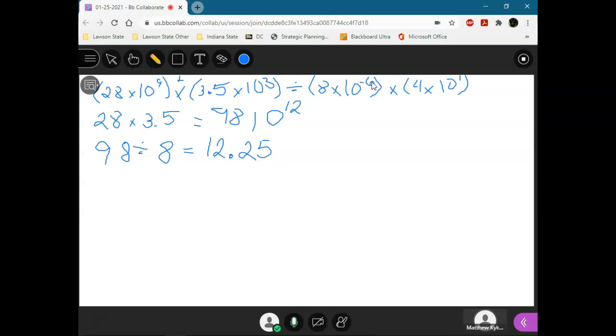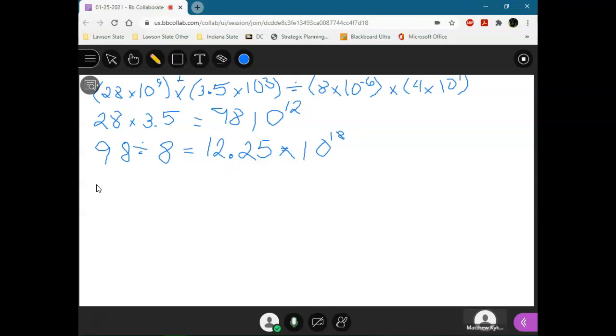And then we have 10 to the 12th minus negative 6, which gives us what? You should end up with times 10 to the 18th. So we cannot subtract a what? Negative. Can't subtract a negative.